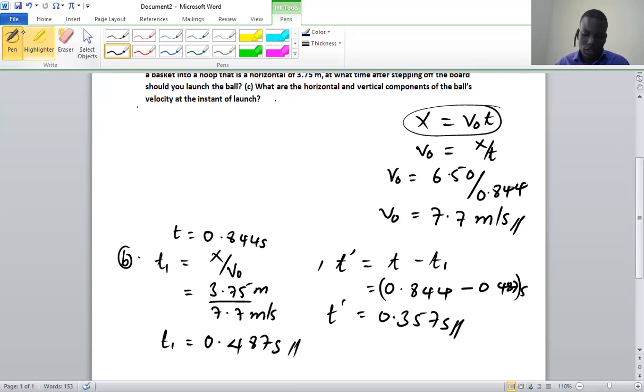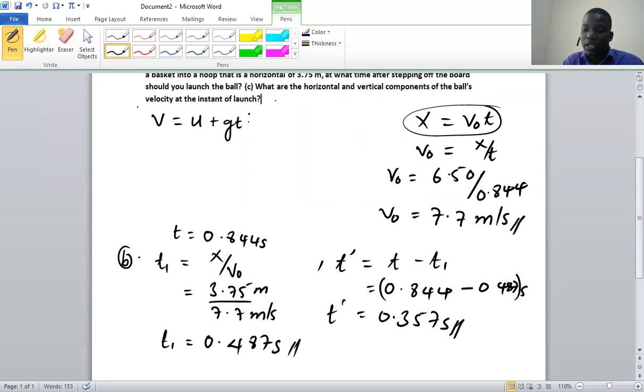So now the equation that we're going to use. This velocity that we are looking for is after stepping off the board.